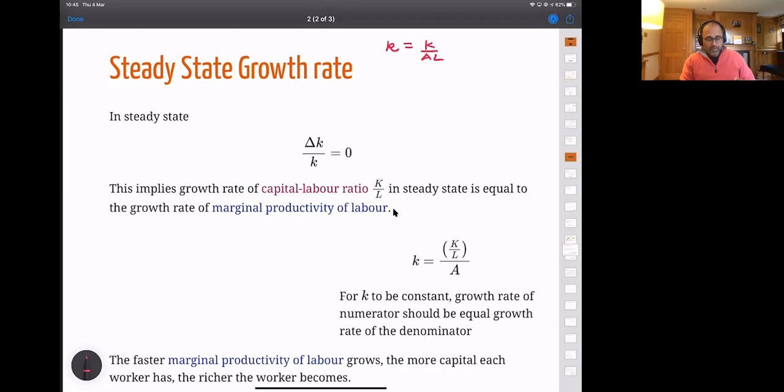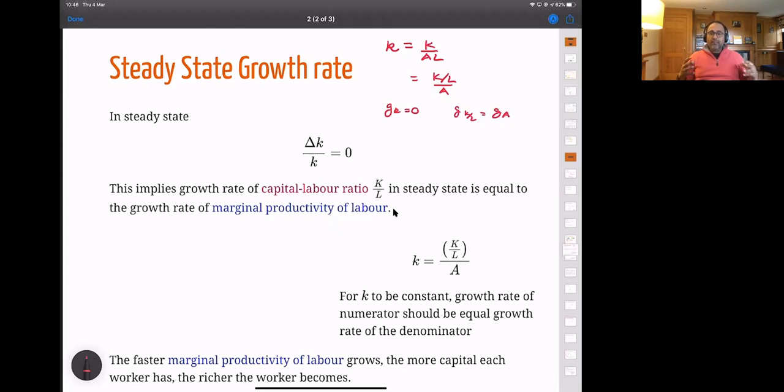Okay, so it turns out that this can be written as K over L over A. So if the growth rate of big K has to be equal, that means the growth rate of K over L has to be equal to the growth rate of A, right?